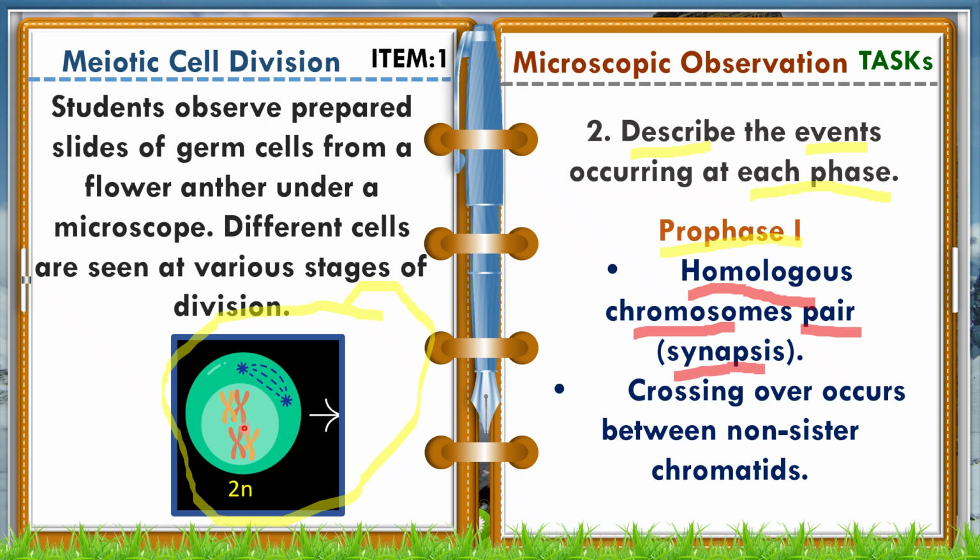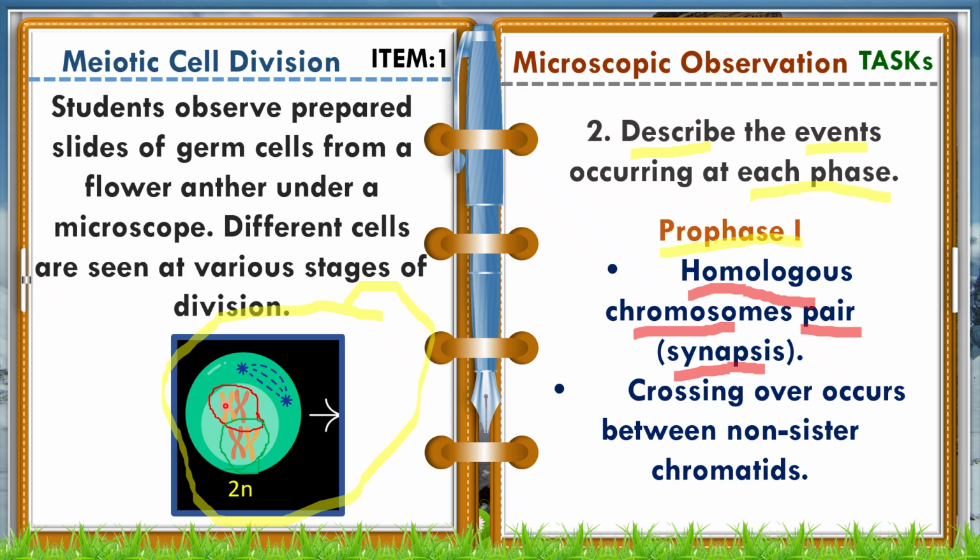Now, when you look at it here, you are going to see the homologous chromosomes, these two, pairing up, and also you will see this second pair coming and pairing up. These are what we are calling the homologous chromosomes.